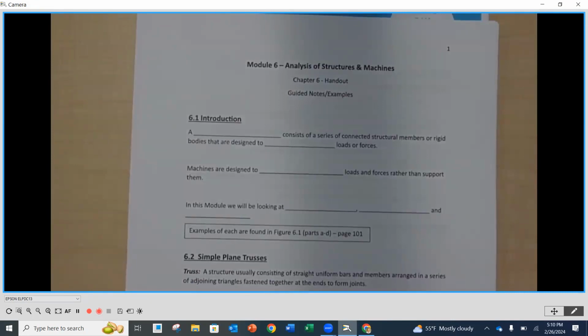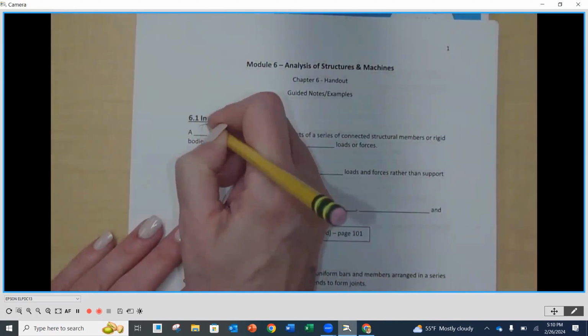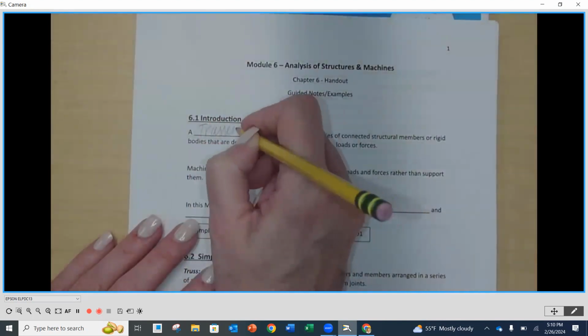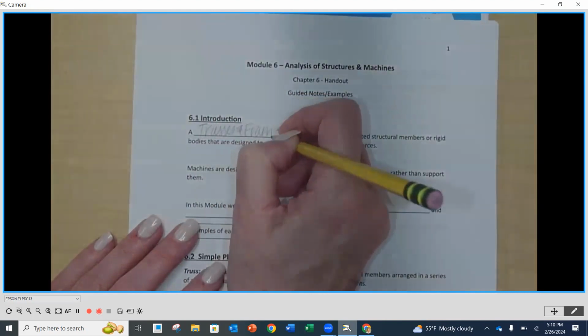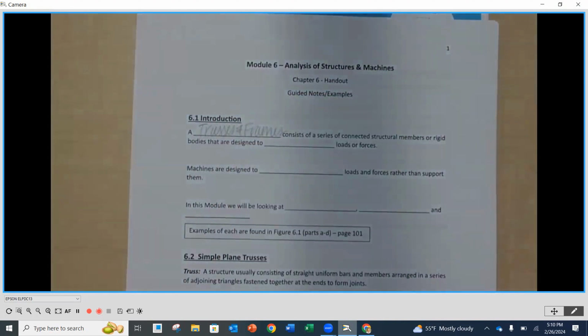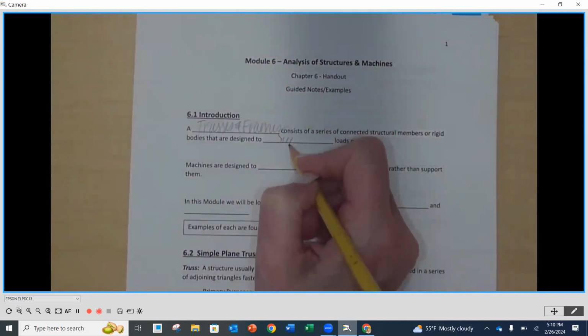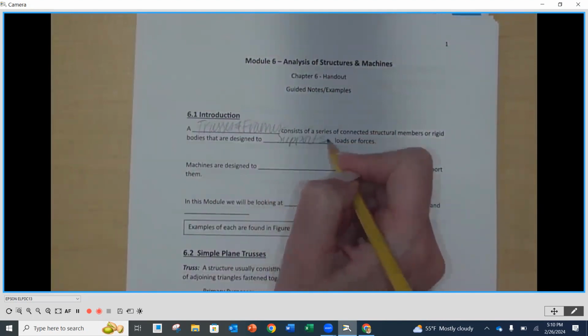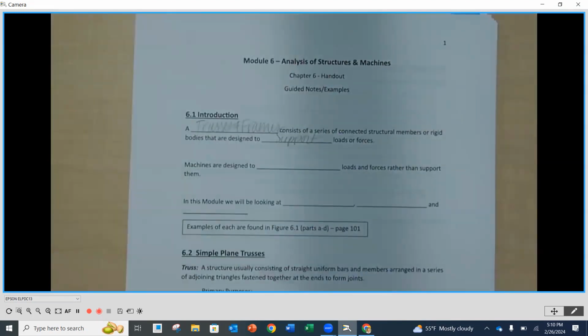So trusses and frames consist of a series of connected structural members or rigid bodies. That means that they're not moving. They're static, and they're designed to support loads and forces.